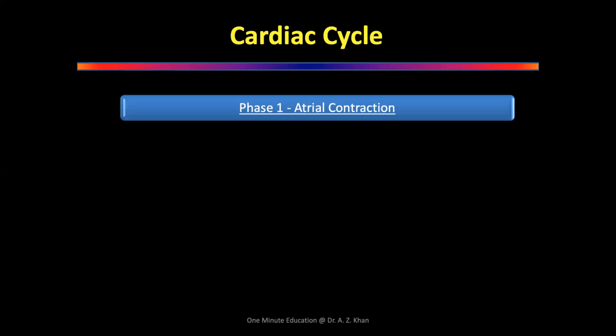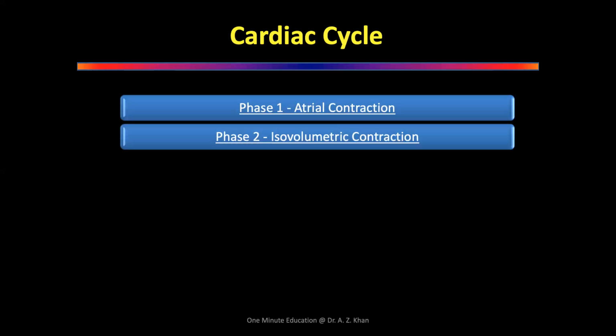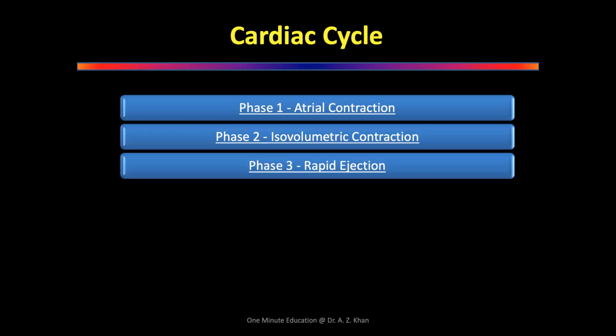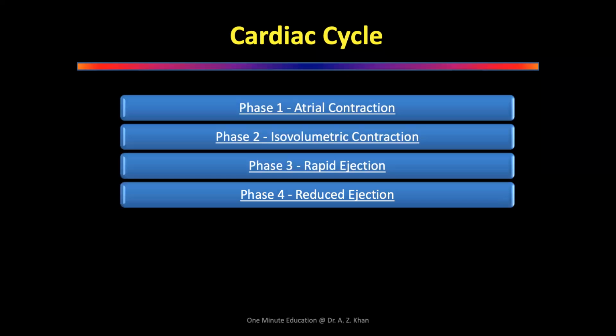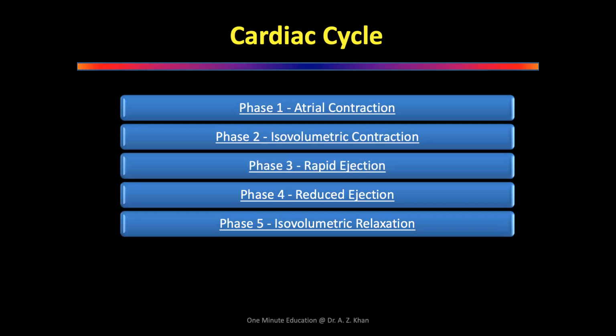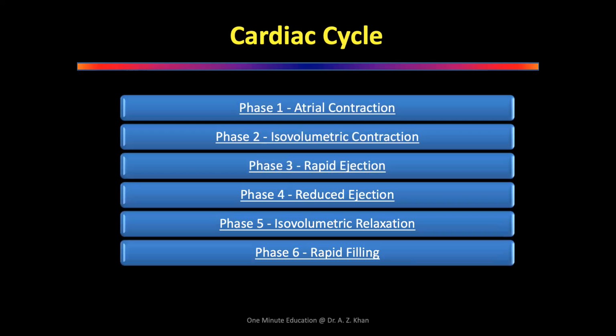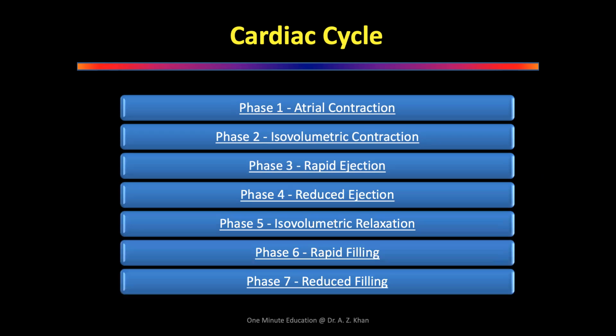Phase 2 is isovolumetric contraction. Phase 3 is rapid ejection. Phase 4 is reduced ejection. Phase 5 is isovolumetric relaxation. Then rapid filling, reduced filling, and then again atrial contraction.